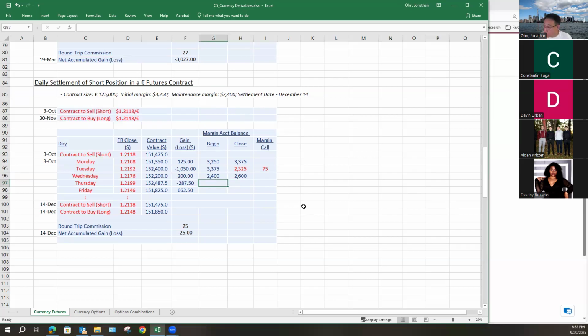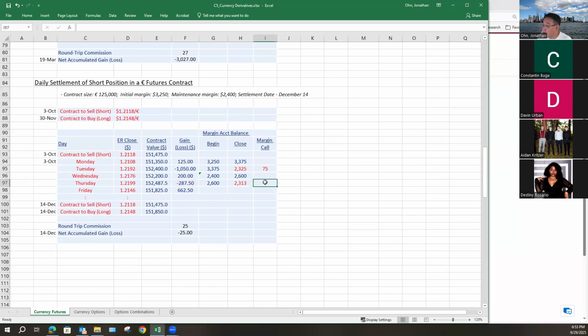Then you start with your $2,600, and you lost again 287. So plus this one gives you $2,313, which is again lower than your maintenance margin, right?